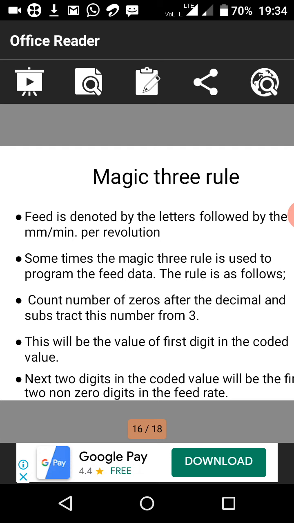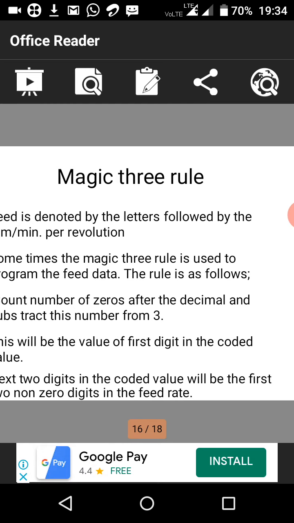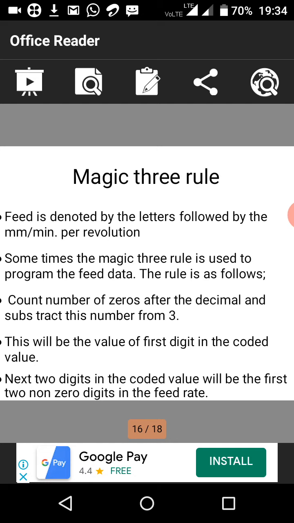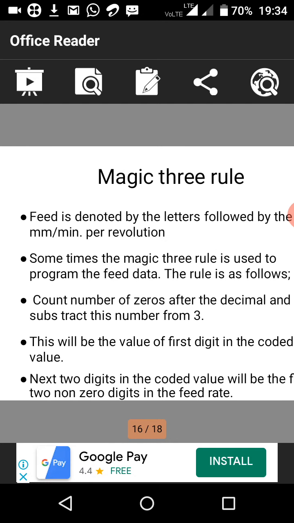For example, if there are 3 zeros after the decimal, we subtract that from 3. This will be the value of the first digit in the coded value. The next two digits in the coded value will be the first two non-zero digits of the feed.